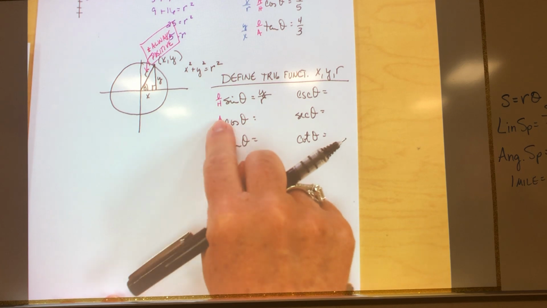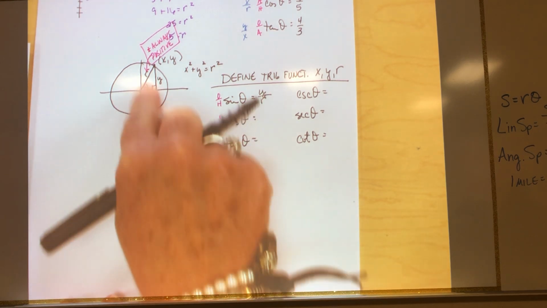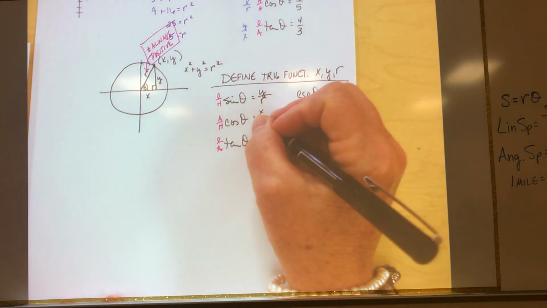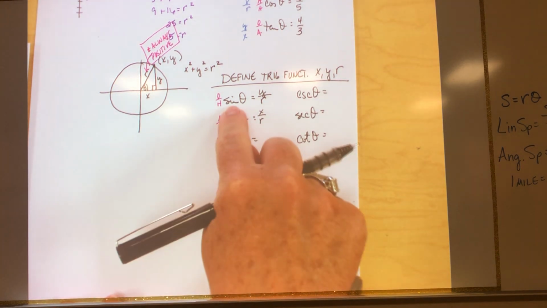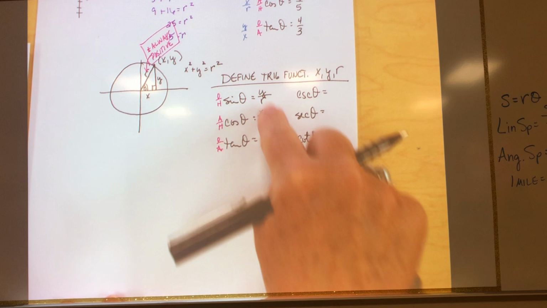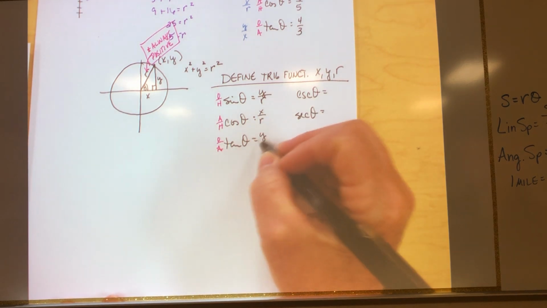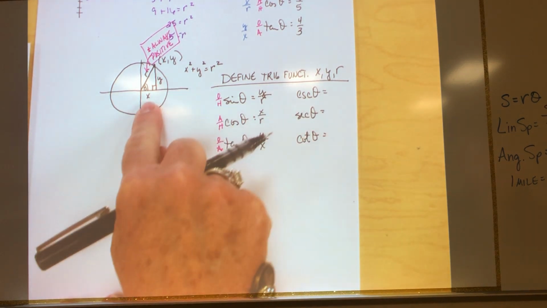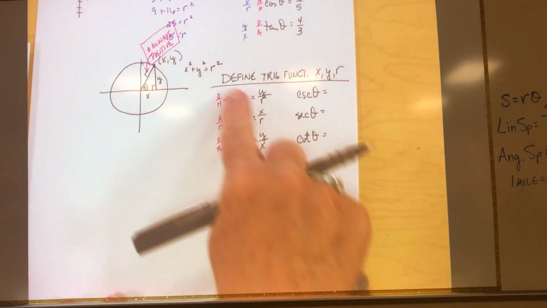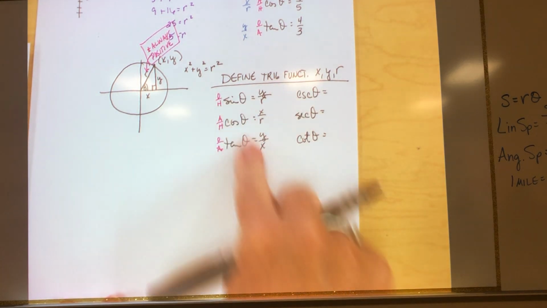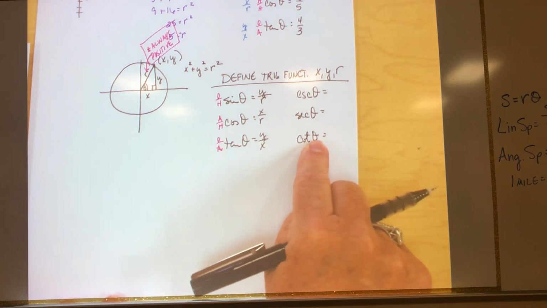Cosine, adjacent over hypotenuse, X over R. Tangent, sine over cosine, Y over X. Opposite over adjacent. Okay, now the reason I made y'all write these in a horseshoe like this is because then your reciprocal functions will be right across from each other.